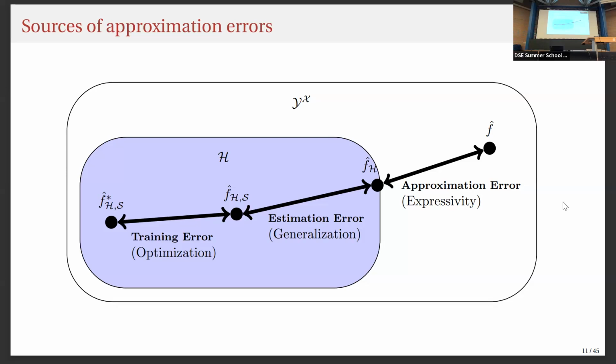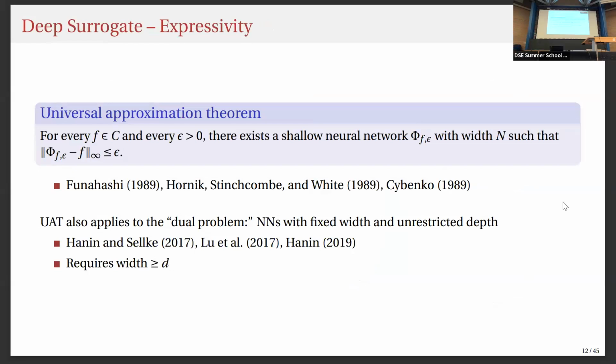Yes. All right, approximation error. Okay, so I'm going to talk about this part. First, there is a very reassuring result, a famous result in deep learning theory, which is the so-called universal approximation theorem. To address your point to some extent, we start with functions that are continuous.